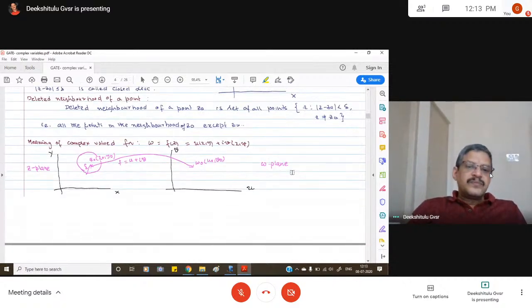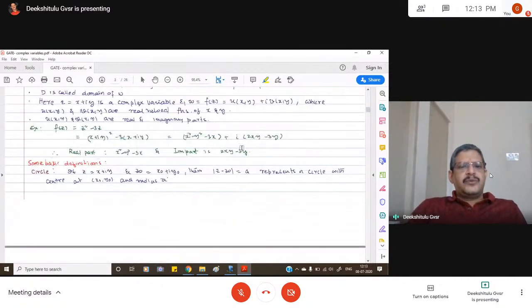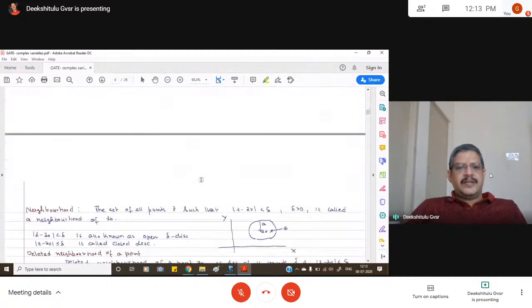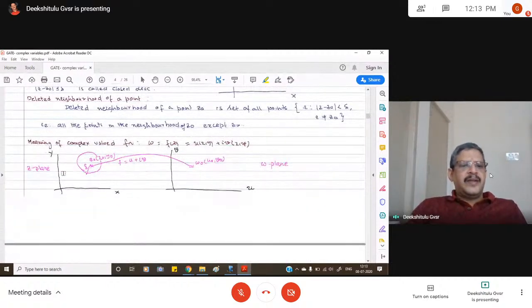Then, what do we mean by w is equal to f of z? We have used w is equal to f of z, and then u plus iv, u(x,y) plus i v(x,y), and all that. What exactly do we mean here? Let's say this is the z plane. I consider a point (x naught, y naught) and a small neighborhood around that point, and I define w is equal to f of z, which is equal to u(x,y) plus i v(x,y).